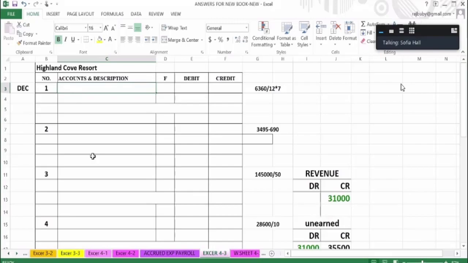Okay, the first one is 1 year insurance. What kind of accounts are affected by this? Prepaid expenses and prepaid insurance. Insurance expense and prepaid insurance. Insurance expense is debit, prepaid insurance is credit.